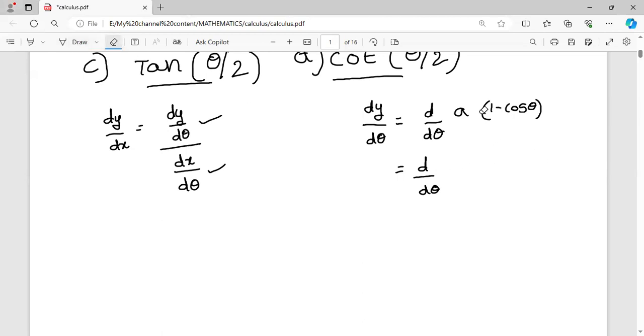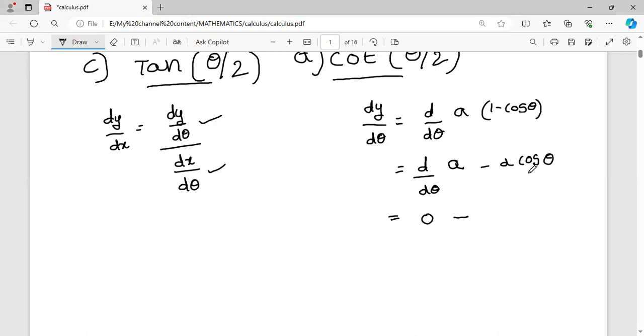For a into 1 minus cos theta, I am taking a minus a cos theta. So d by d theta of a, it is a constant term, so the differentiation is 0.